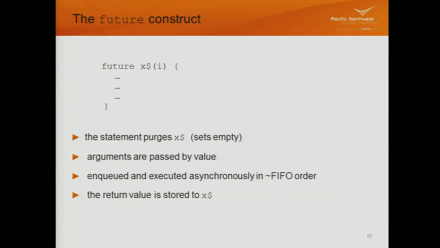The use is pretty simple. It looks just like an embedded function call. You've got a bunch of instructions here, and then you create basically a future statement. So there's the keyword future. There's a variable here, which is known as the future variable, and that's where the result will be returned. There's a set of formal and actual parameters.